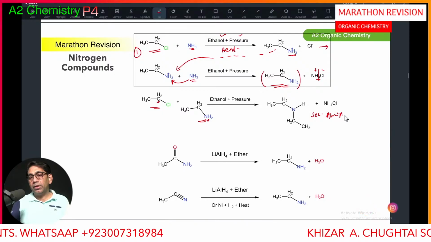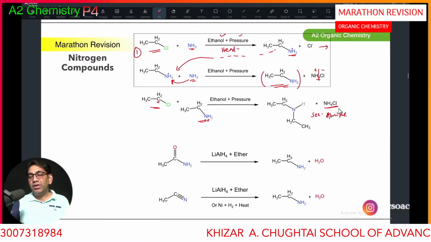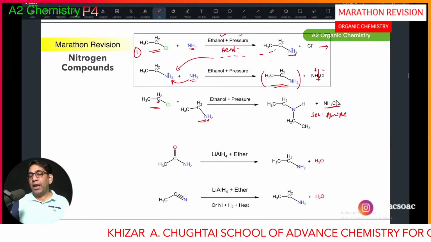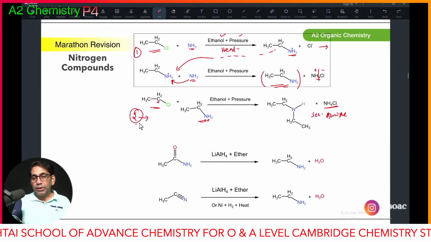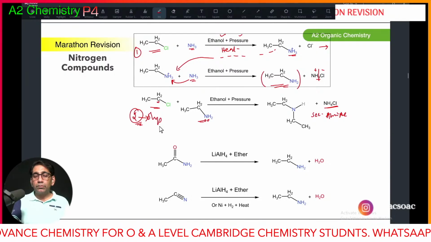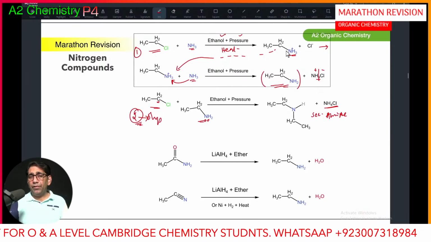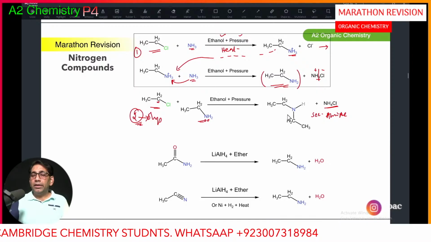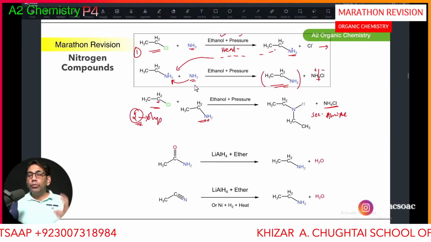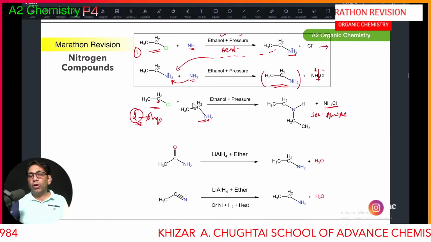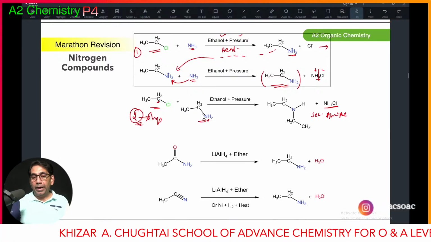Every time there is the formation of NH4Cl. This reaction also consists of two steps. First, there is the formation of NH2 positive ion. Then in the next step, NH3 is going to react once again. 2 moles of ammonia or 2 moles of alkyl amine may be used.